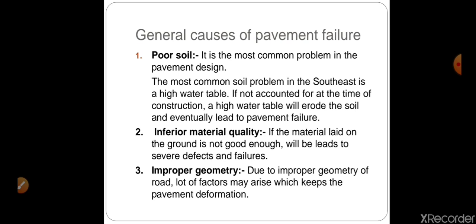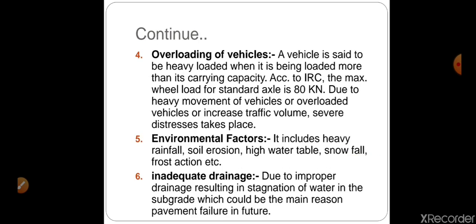Third is improper geometrics. Due to improper geometry of the road, a lot of factors may arise which cause pavement deformations. And the fourth is overloading of vehicles. A vehicle is said to be overloaded when it is loaded more than its actual carrying capacity.